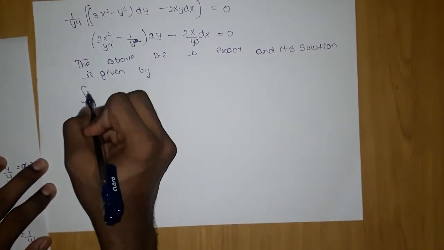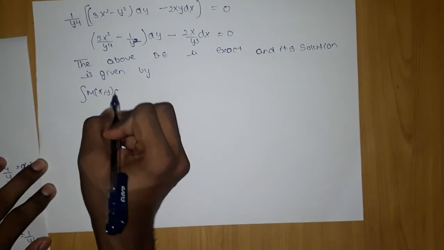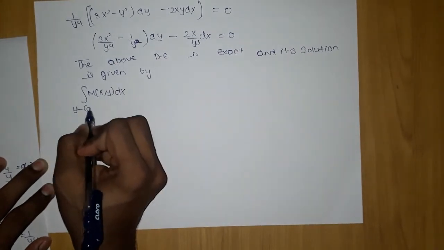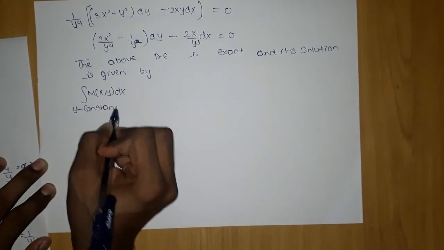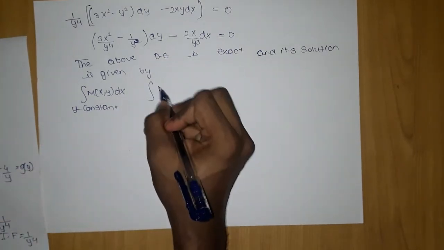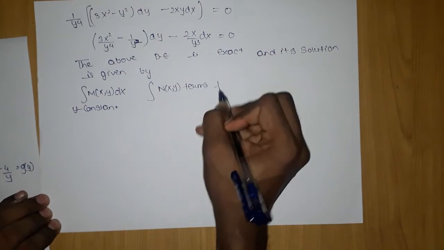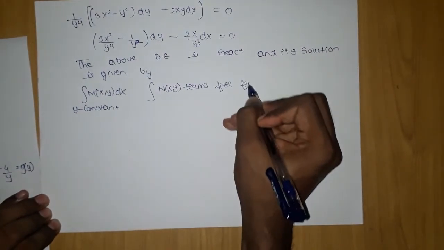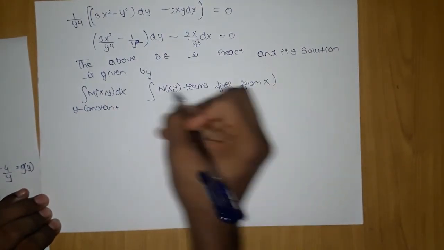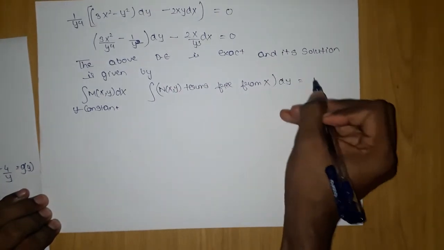what was the formula? Integral M of x comma y dx, where y is constant. Remember, y constant. Plus integral N of x comma y, terms free from x, dy equals constant.